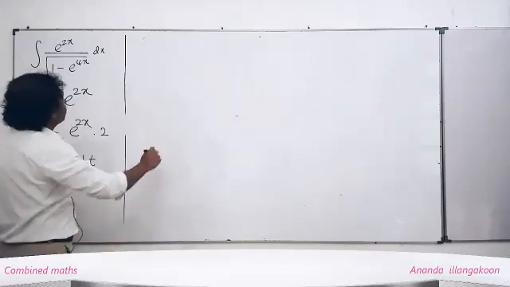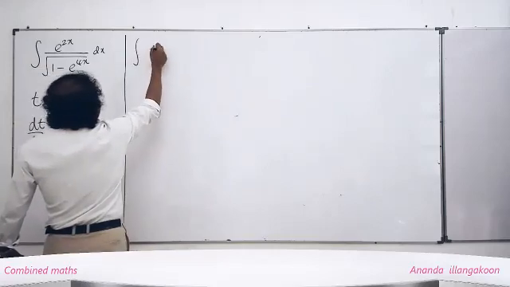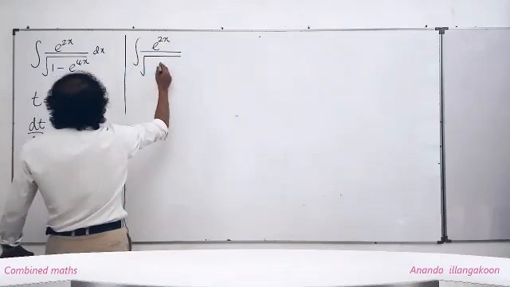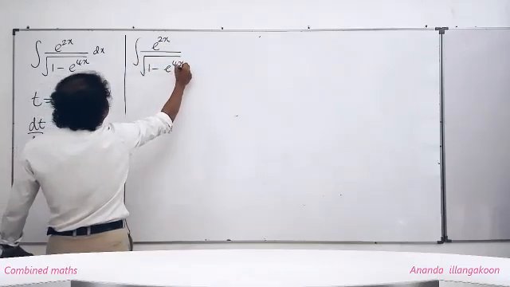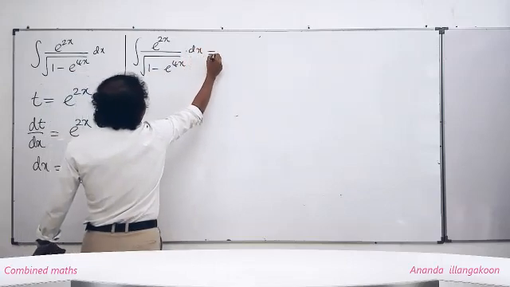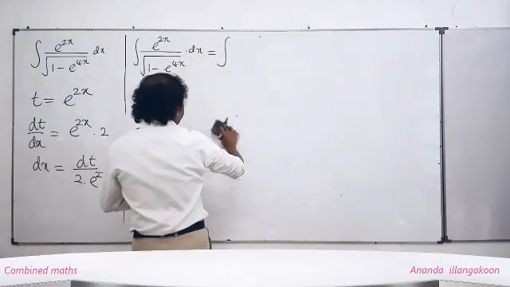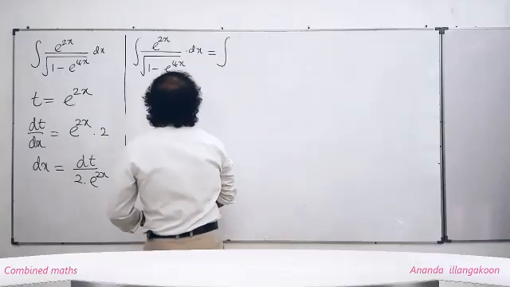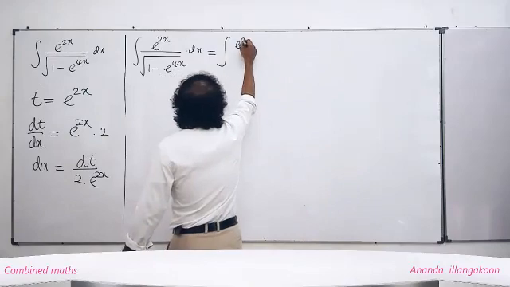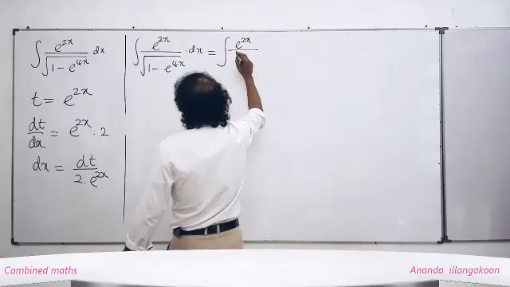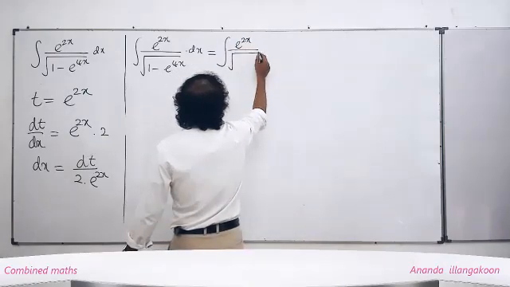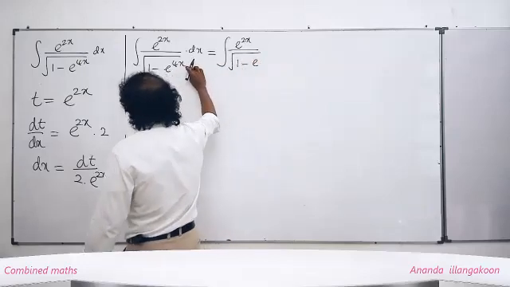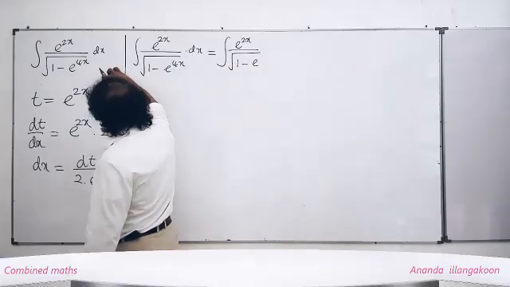Now take this. e to the power 4x means e to the power 2x, whole squared, no?